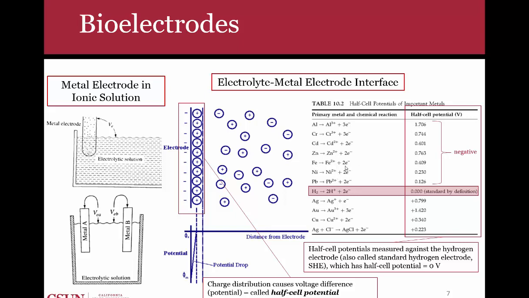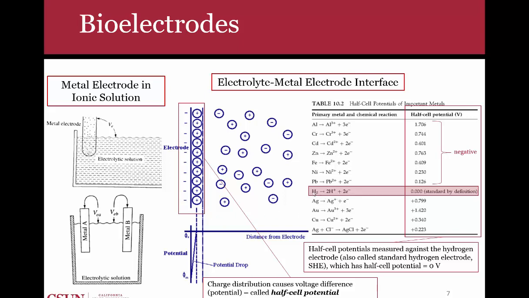Another example is if I get a lead electrode and dunk it in solution again, that will only produce a voltage difference of negative 0.126. Now on the other end of things, if I get a silver electrode and dunk it in electrolytic solution, I'm going to get a positive 0.223 volt voltage difference across the interface.